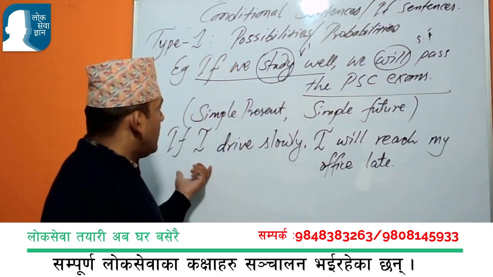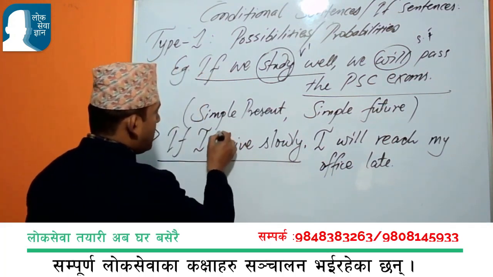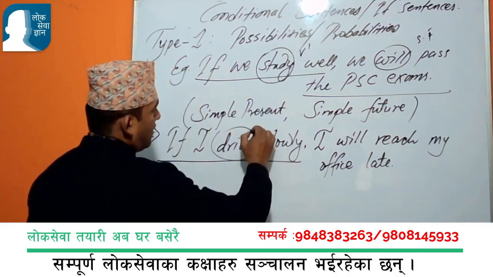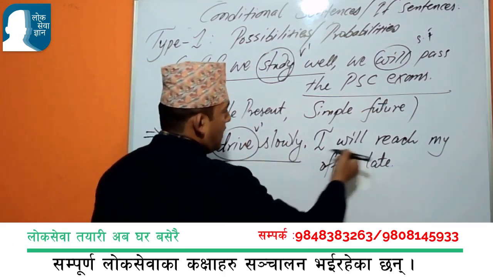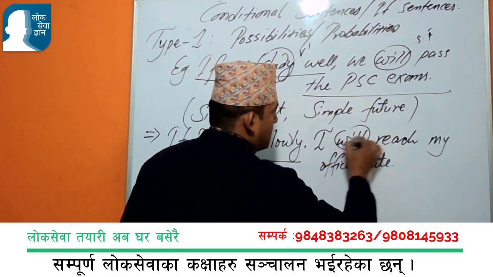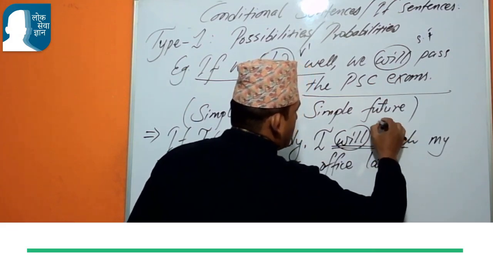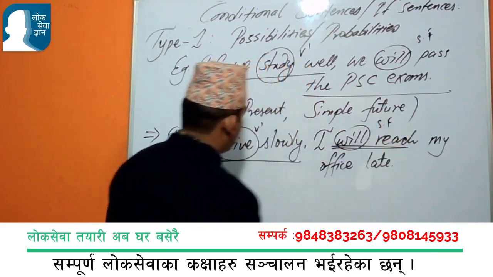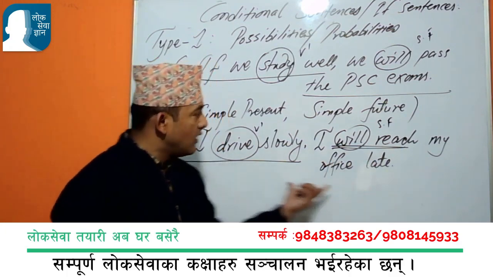So okay, here you can see simple present in the if clause, and in the main clause you can see I will, simple future, will plus verb 1. If I drive slowly, I'll reach my office late.